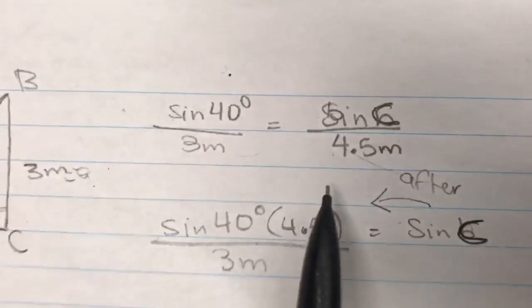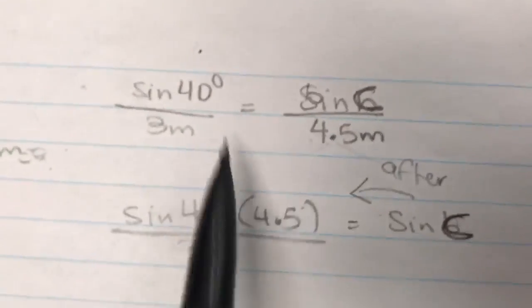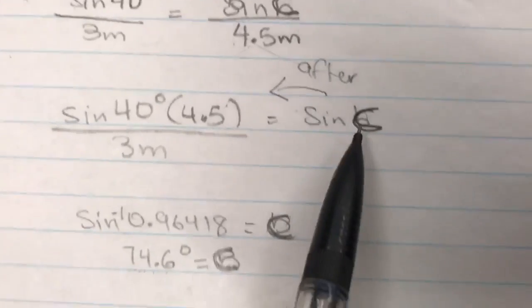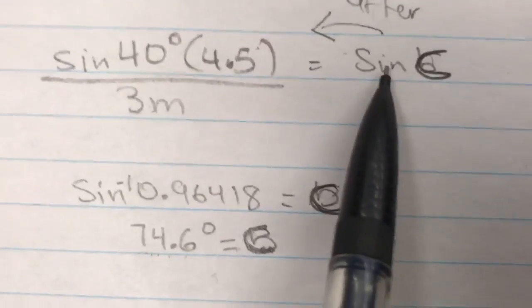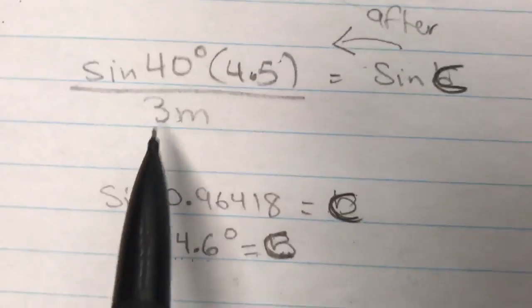And we have done that. We have used one side that we completely know, and we have used a side that we don't know much about, but we do know that the length of it is 4.5 meters. So we are going to move this over here to isolate for C. And then we're going to calculate for this. Then we use sine inverse because we are going to move the sine across the equal sign.